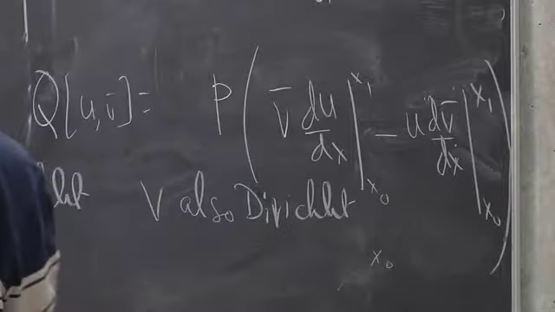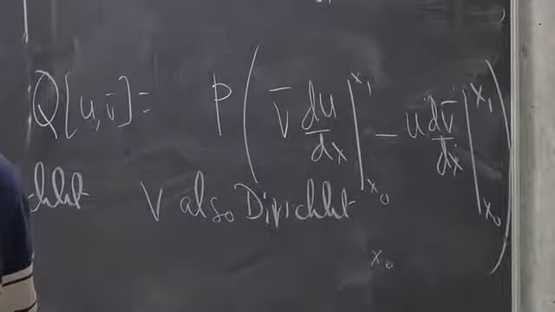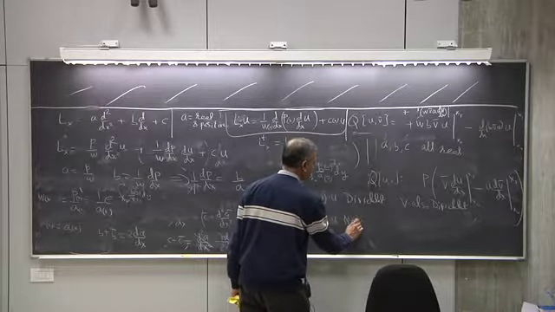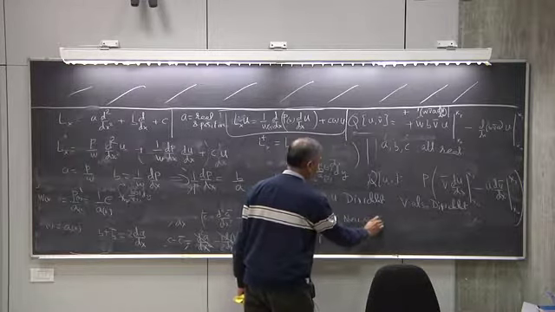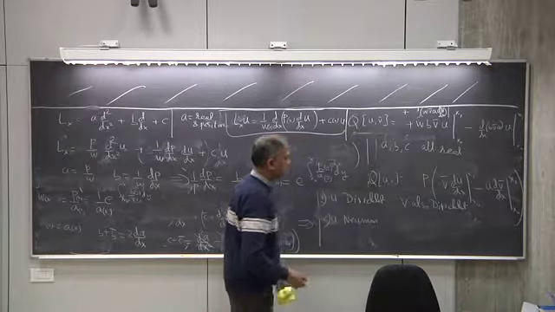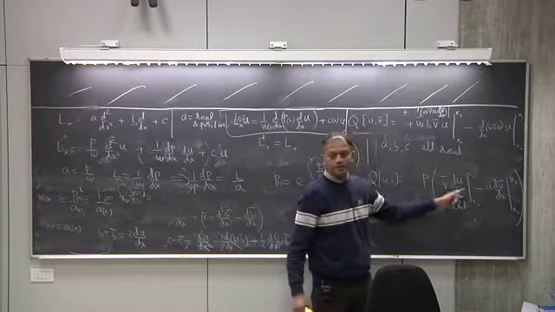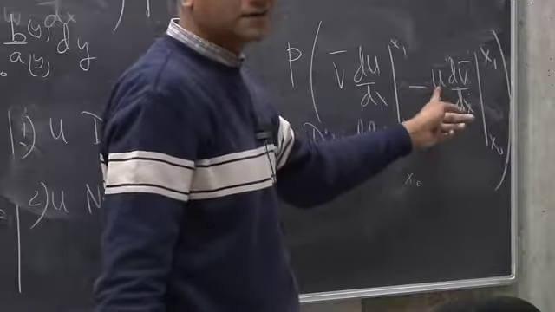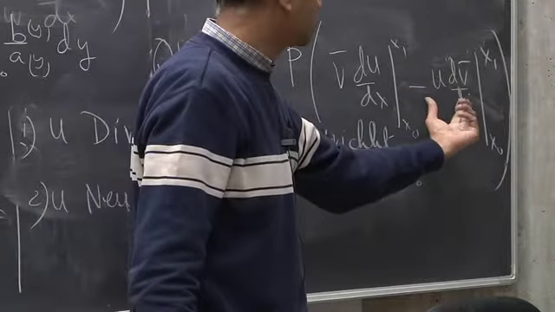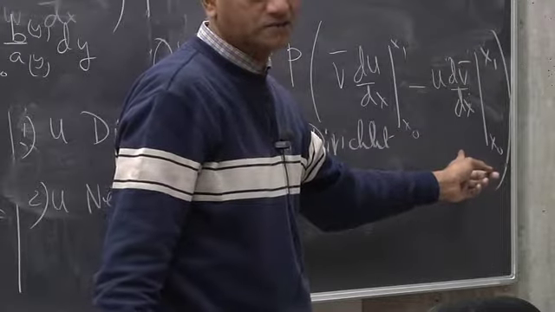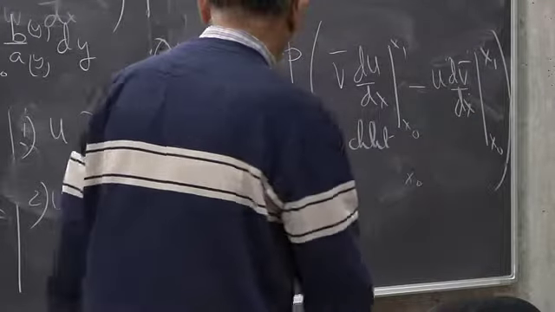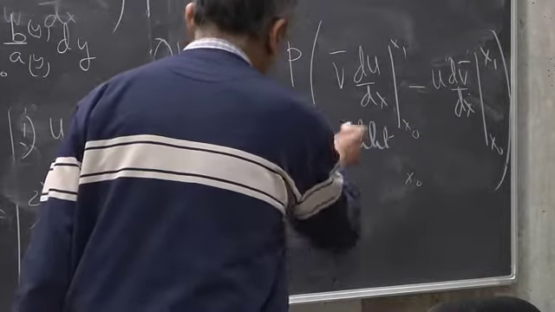Now suppose u satisfies the Neumann boundary condition. That means du by dx is 0 at the endpoints, but u is arbitrary. Then for this to vanish, dv by dx must also satisfy Neumann. So v also satisfies Neumann.